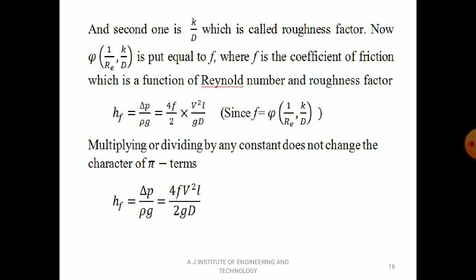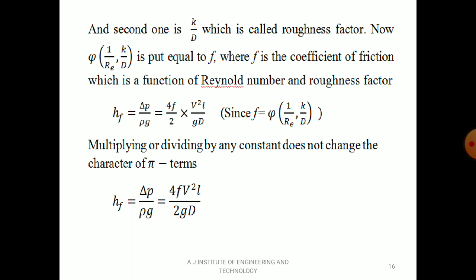They are giving the name coefficient of friction to F, which is a function of Reynolds number and roughness factor, because the first term is related to Reynolds number and the second term is related to roughness. So friction factor is a function of Reynolds number and roughness factor.